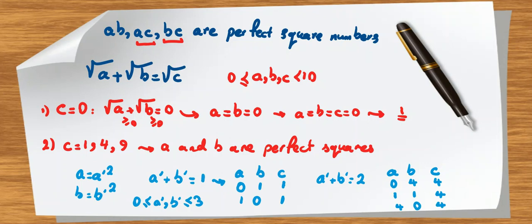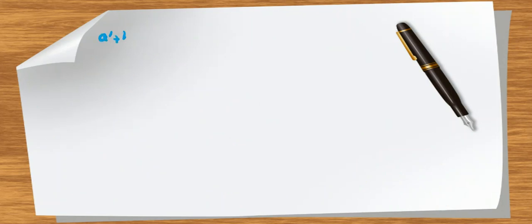If it is 3, then we can conclude, let's see, A prime plus B prime equals 3. C is 9 here. A, B, C, here you can say 9, 0, 9. Then 4 and 1, 9, 1, 4, 9, 0, 9, 9.